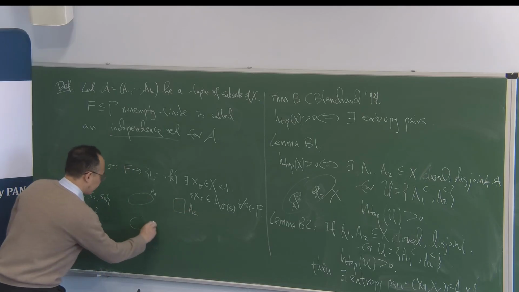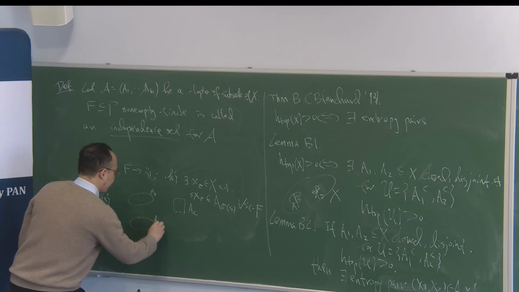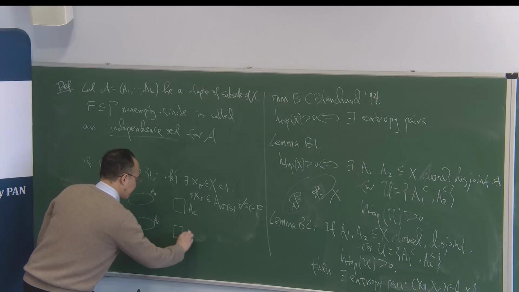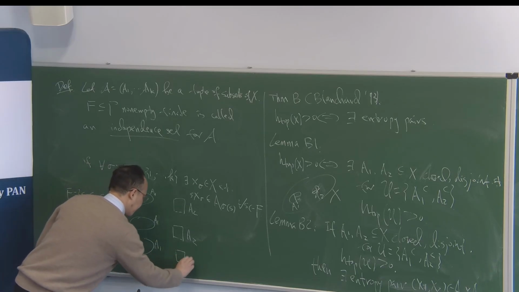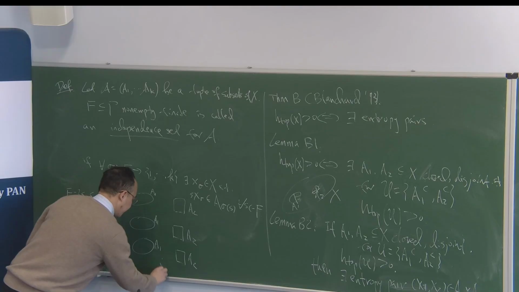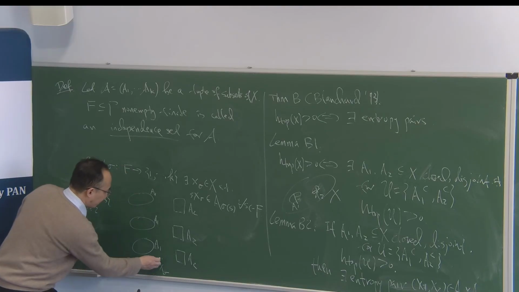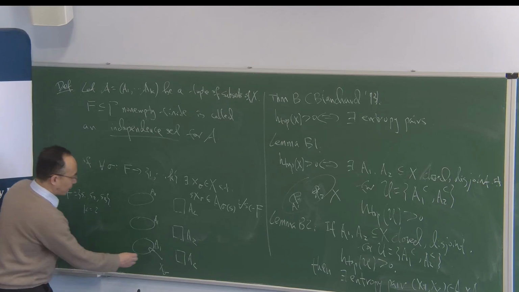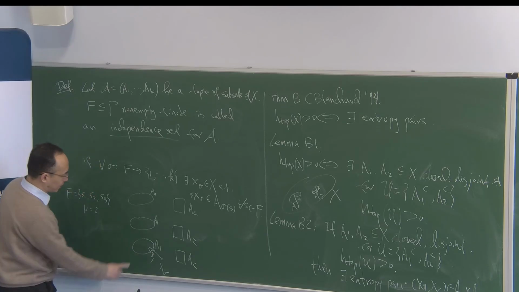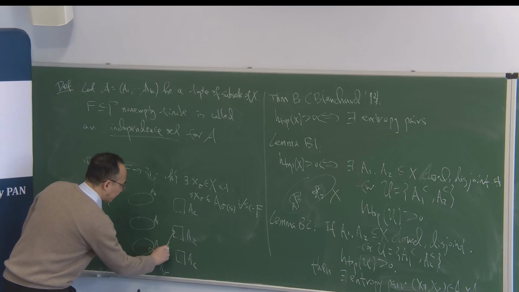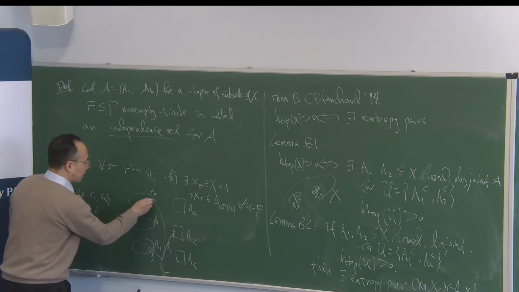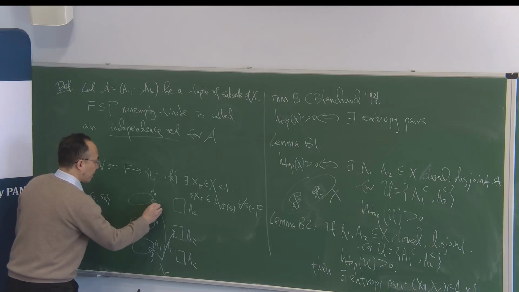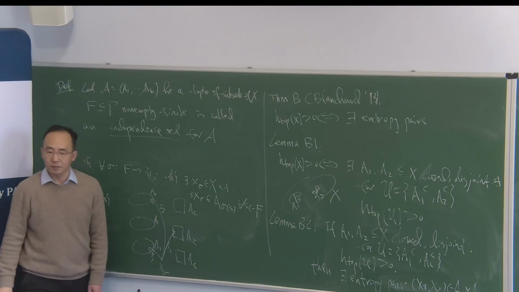Now you think about getting several copies of A1, A2. Then this x will go to, for example, under s1, A1, under s2, A2, and under s3, A1.